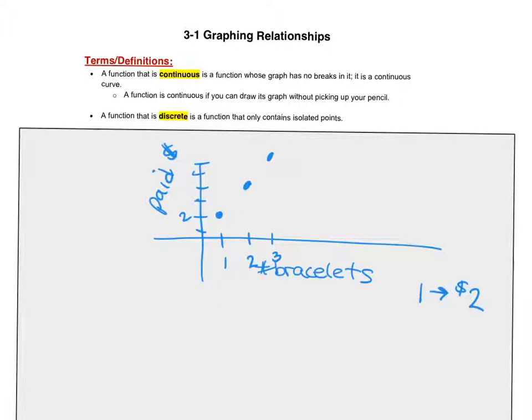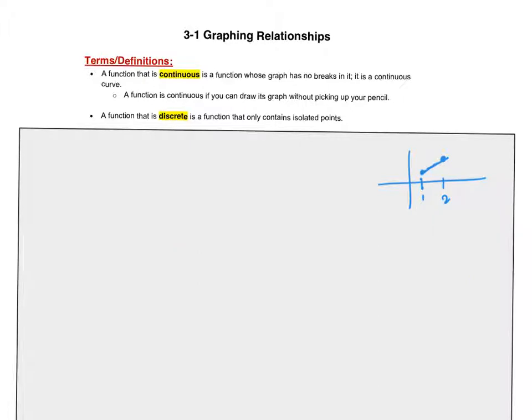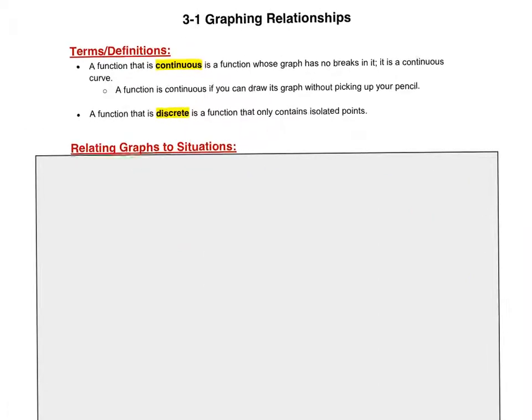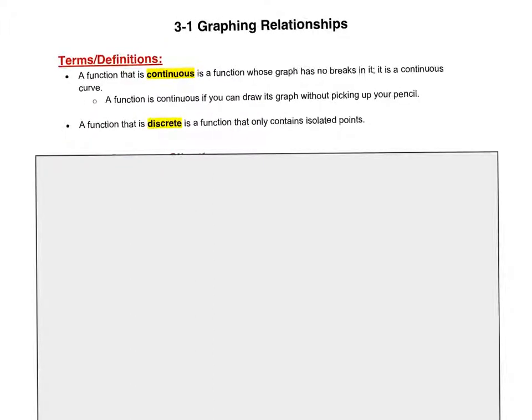Unlike our tree explanation, between 1 month and 2 months, the tree may be growing, but there are growing spots between it. So in reality, it's a continuous graph. So that's the difference between continuous and discrete graphs. Discrete just has points, and continuous is a line with no breaks in it.